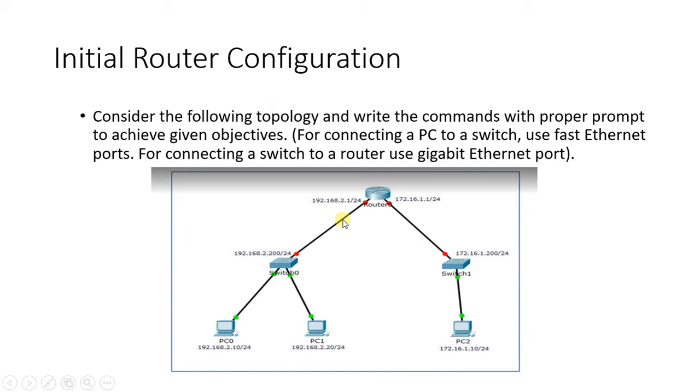The IP address you assign to the interface connected to the 192.168 network should belong to that network, and the G0/1 interface IP address should belong to the 172.16.1.0 network. Here you cannot give 192.168.2.1 or any other such IP address. You have to give it within the range of this network, right?